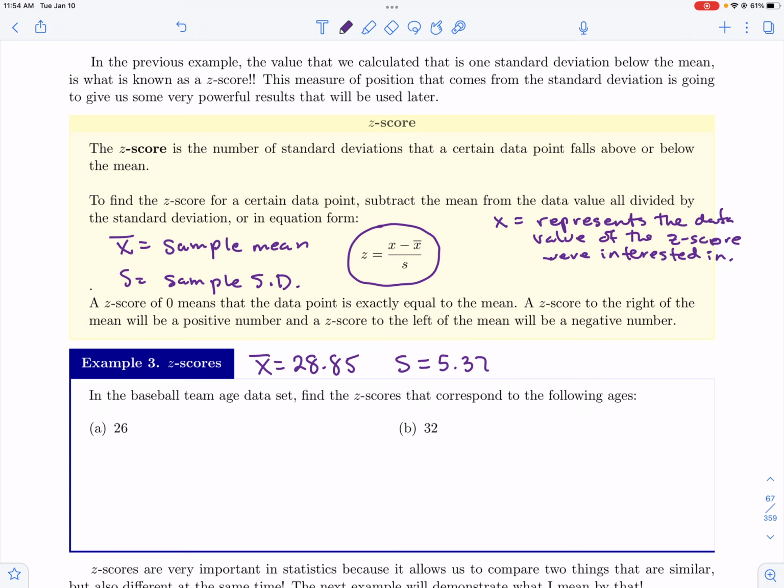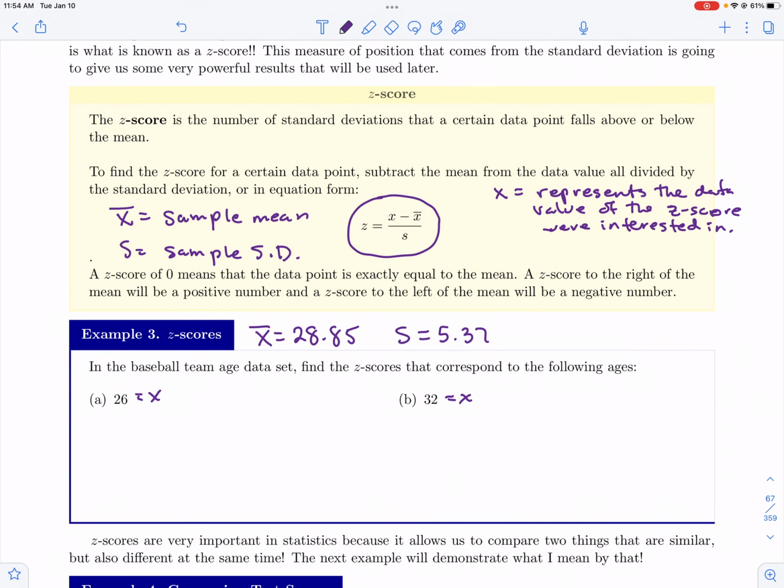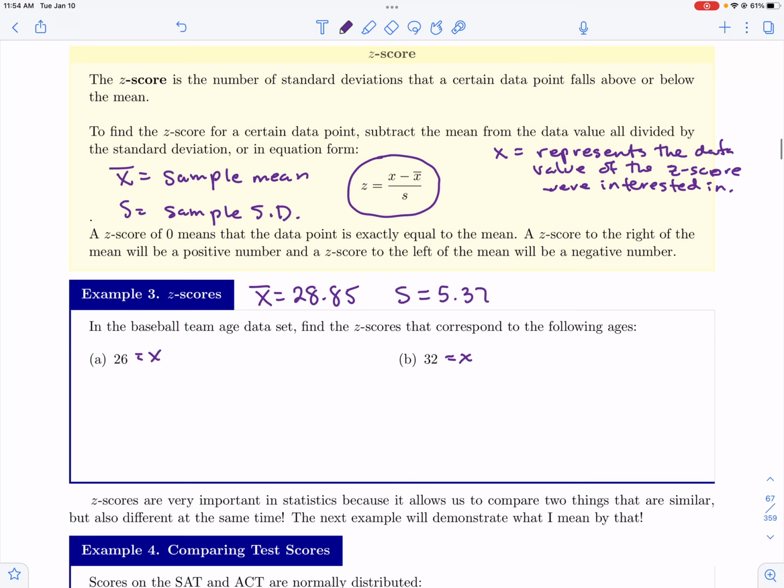And so the 26 and the 32, these are the individual x's that are in our set. All right, so let's plug this into the equation just so we can see what it looks like. In this case, our x goes first, so we're going to get 26 minus 28.85, and then we want to divide that by our standard deviation of 5.37.